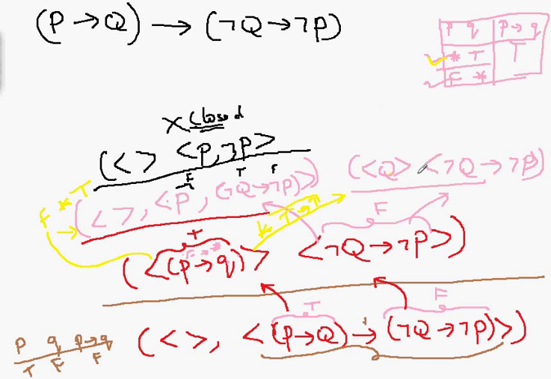And in this part, if we go one step above, we can see that Q will remain as it is, and for this to be false, negation Q should be true and this should be false. So negation Q is true and negation P is false.